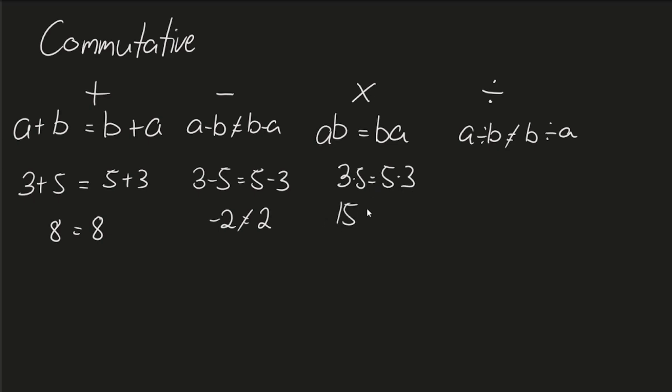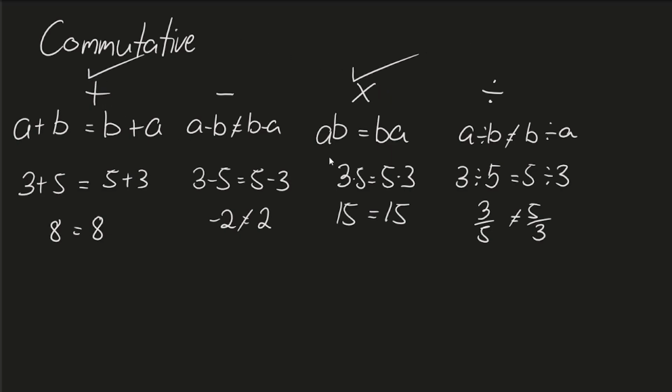We have 15 on the left-hand side and 15 also on the right-hand side. We have 3 divided by 5 and 5 divided by 3. This is going to be 3/5, and this is going to be 5/3. And they are not the same.